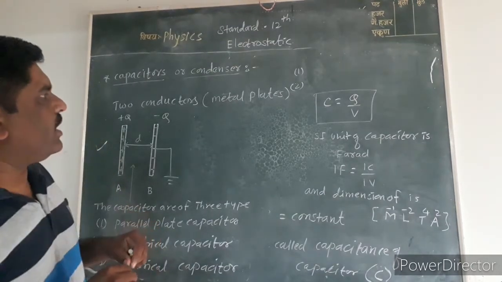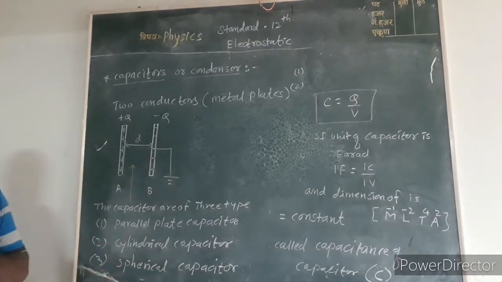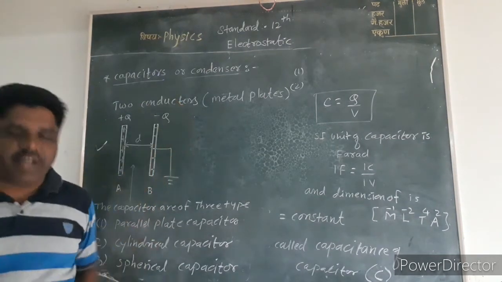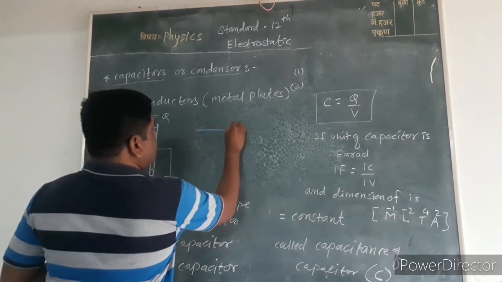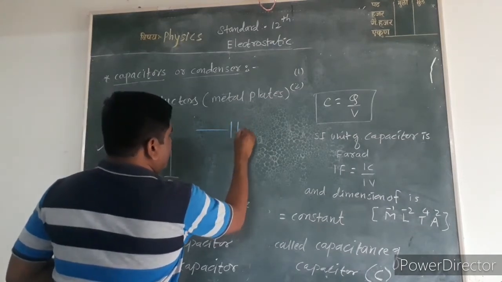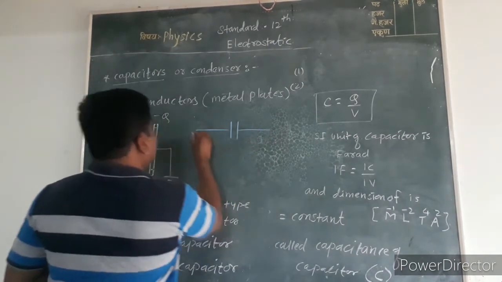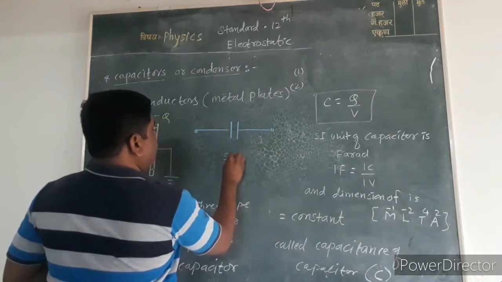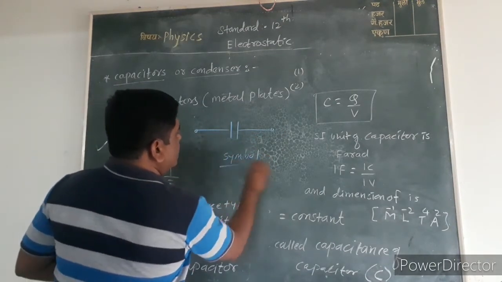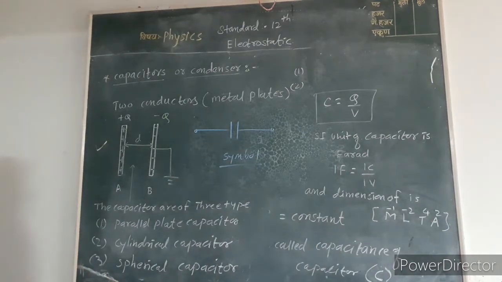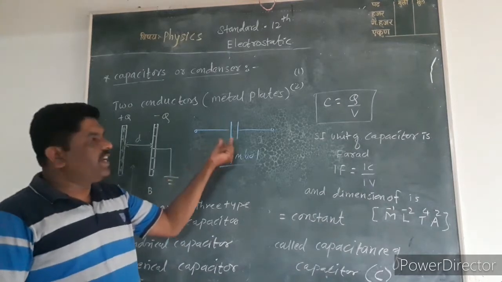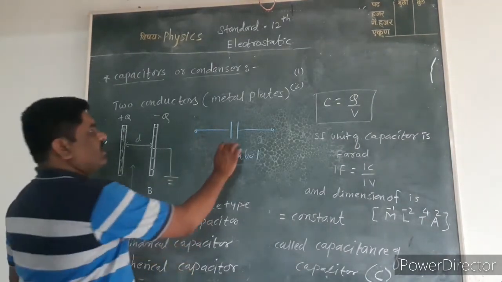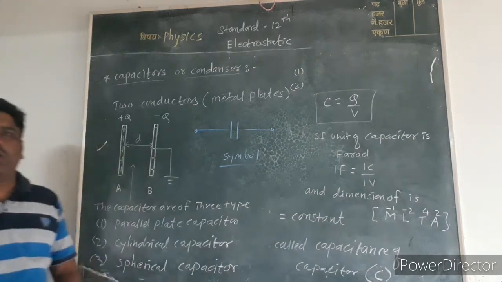The positive terminal means positive charge, negative terminal means negative charge, and this is the cylindrical capacitor. And this is the symbol of capacitor. When this capacitor is used in an electric circuit, this symbol indicates that there is a capacitor.